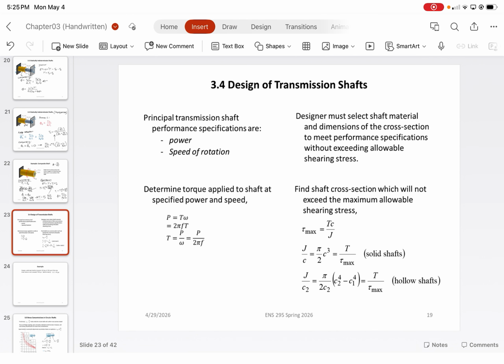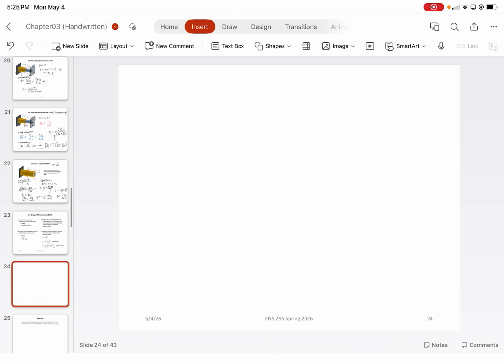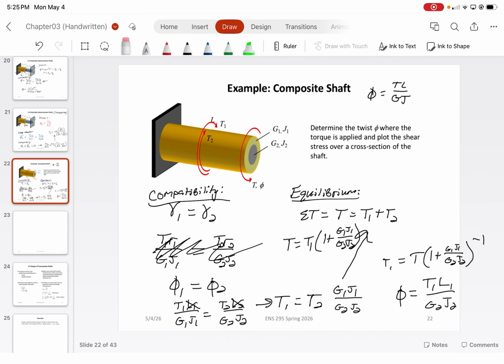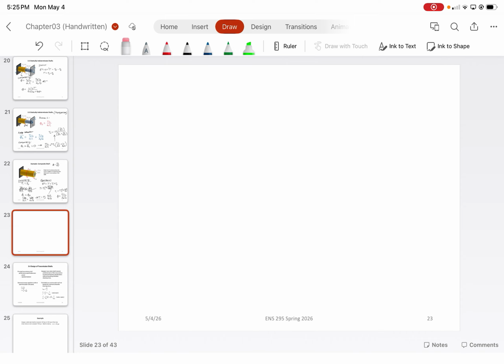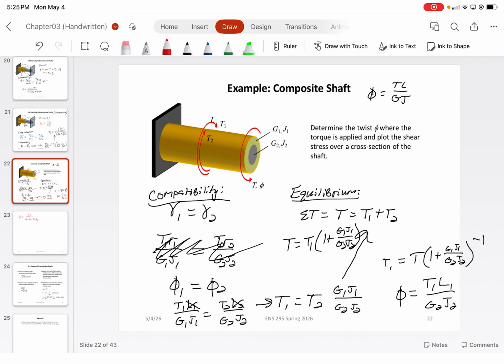Insert new slide. So phi would then simplify over to T times L over G1J1 plus G2J2. That's what this would simplify into.